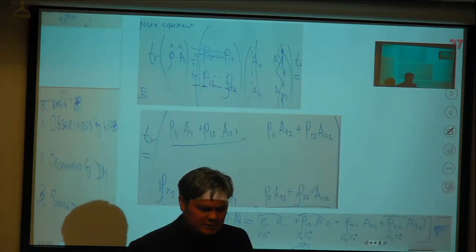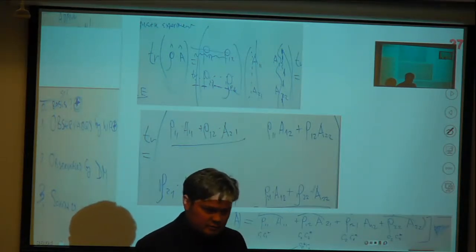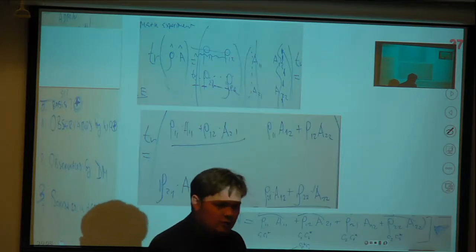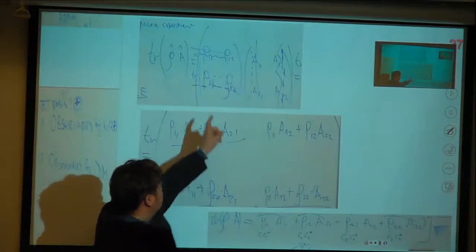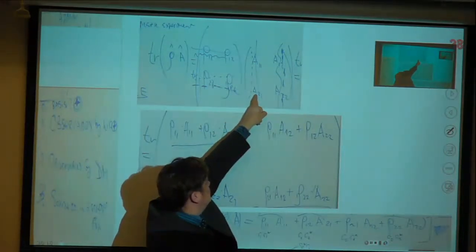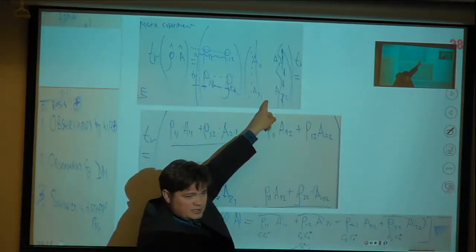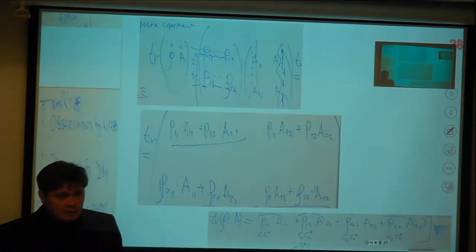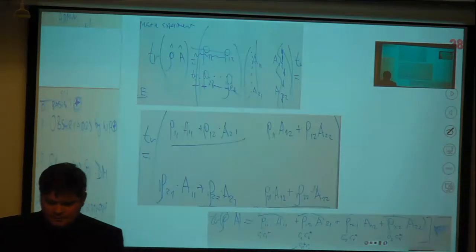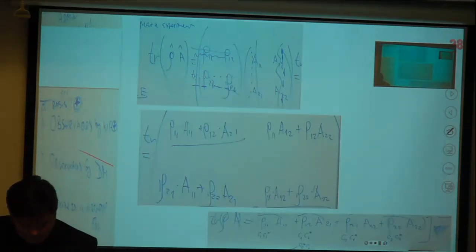Because there are some methods that avoid computation of expansion coefficients and directly go into the density matrix. So if you know it, you can multiply it by the matrix representation of the operator, take the trace, and then you will get the expectation value. Done.